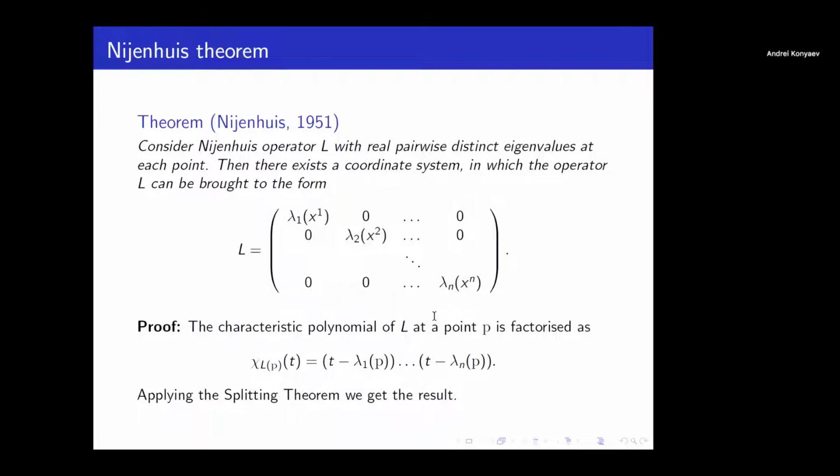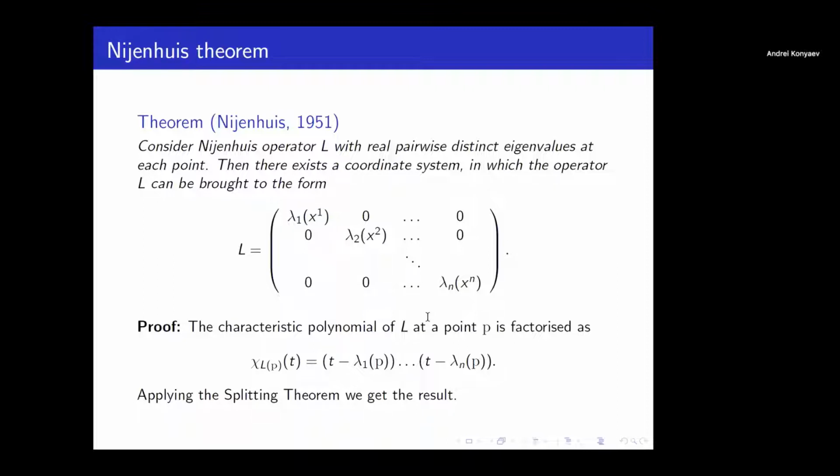It is a very important tool in constructing the geometry locally and sometimes globally. The characteristic polynomial of L at point P is factorized like this. So you see that at point P, all the eigenvalues of the characteristic polynomial have multiplicity 1. They all are single.